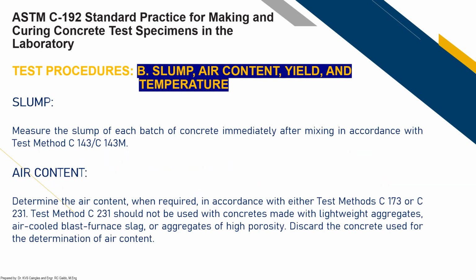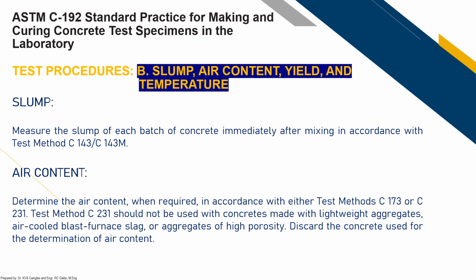Okay, now that you are done mixing the concrete, we proceed to the determination of these factors: the slump, the air content, the yield, and the temperature. For slump, you measure the slump of each batch of concrete immediately after mixing in accordance with test method C143 or C143M.